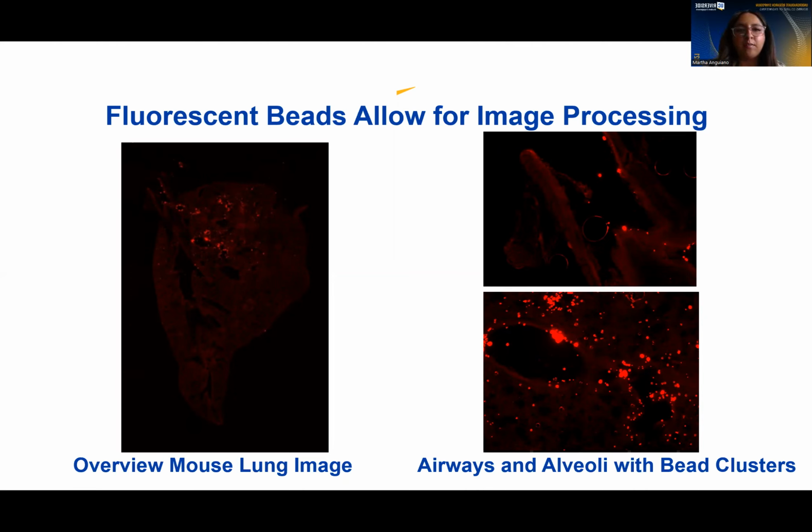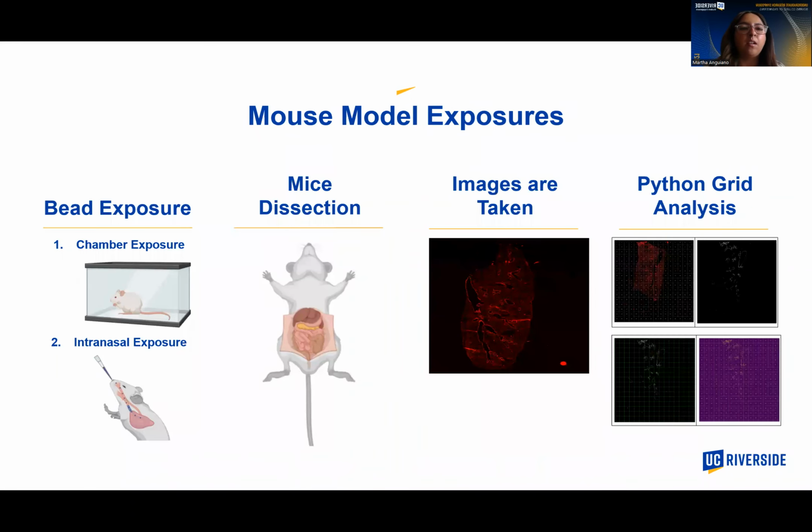Along with that, to answer our other question, for our methods, we expose the mice to these beads using either the aerosol chamber, where they continuously inhale these beads, or intranasally, as it is widely used in various studies. We then dissect the mice to extract their lung lobes, fix them, and slice them. Then images are taken using the Keyence microscope. And to answer question 2, we incorporated the Python grid analysis method, which I will be covering later in the presentation.